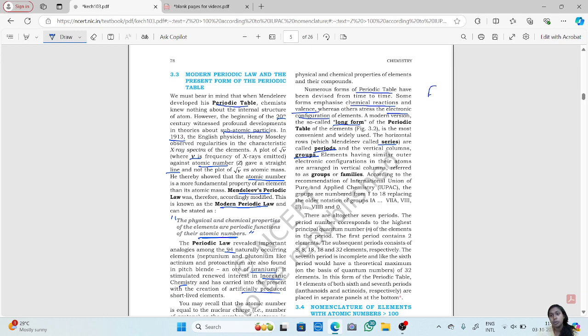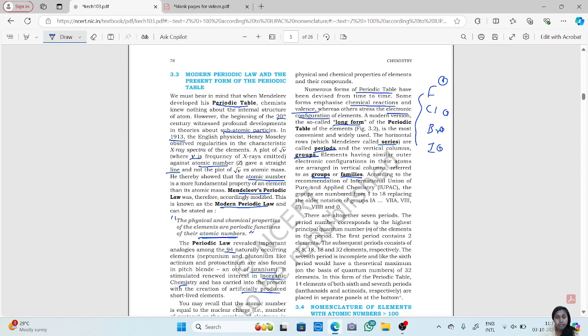For example, fluorine, chlorine, bromine and iodine: all four have the same number of electrons in their outer shell, so they fall under one vertical column, which is referred to as a group or family.